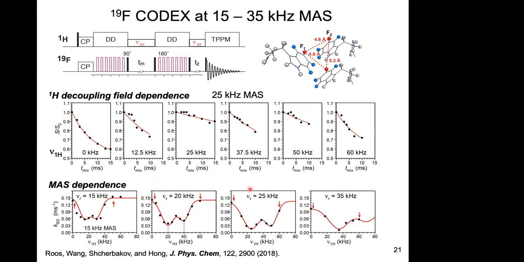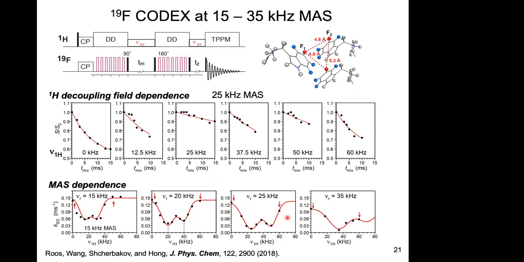Let's just say I look at this panel spinning at 25 kilohertz, and what I'm plotting here is the KSD, the spin diffusion rate, as a function of the proton decoupling or proton irradiation. And here, what you want is as high as possible, because that means my buildup rate is efficient. And when is it low, you get these dips when your proton irradiation is at either equal to omega r or 2 times omega r.